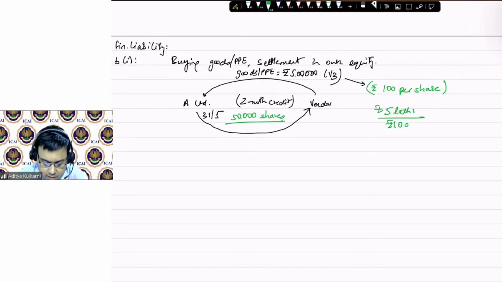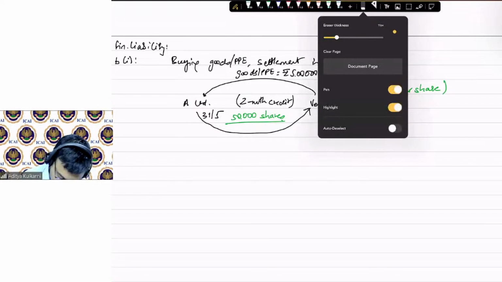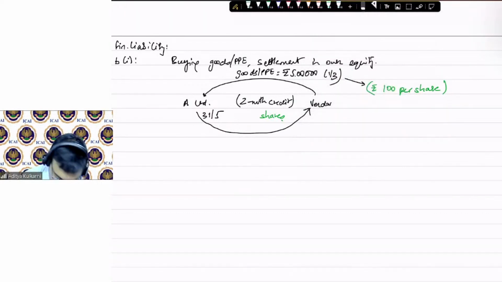The vendor was happy and A Limited was also happy. Sorry, 5,000 shares, that's right. Thank you. So 5,000 shares have to be issued. Today the market price is 100. So on today's date, when I received the goods, I told them I will give you 5,000 shares after 2 months. Now, tell me one thing.